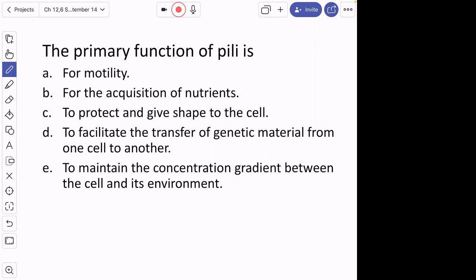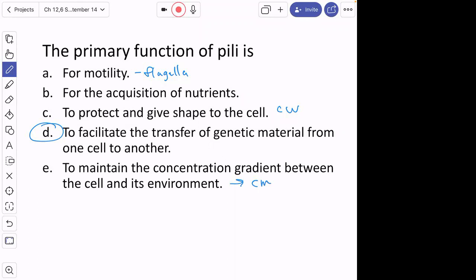Like the primary function of flagella is for motility. A structure for the acquisition of nutrients, I don't know, I just made that up. Cell wall protects and gives strength to the cell. This is the correct answer: horizontal gene transfer, conjugation. I know I haven't really talked too much about that, but we think that's the main function of pili. The fimbriae, the related structure, is more for attachment and to maintain a concentration gradient. That would be a cell membrane, most likely.